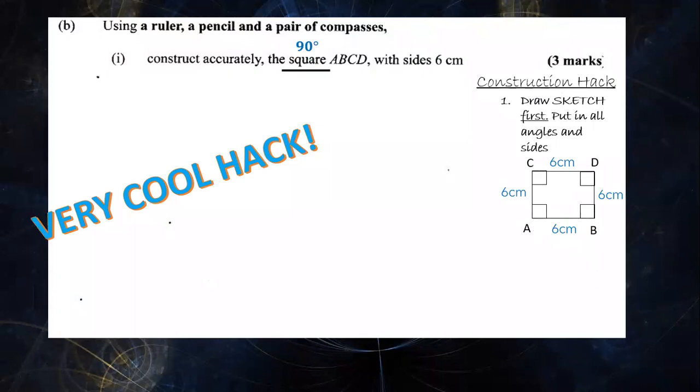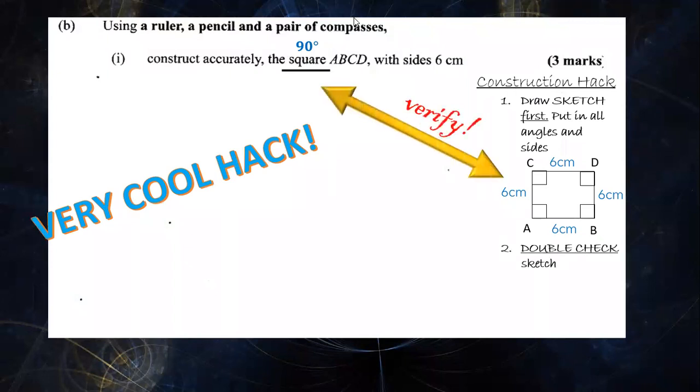And then verify, double check, that everything in the question is exactly as in the sketch. Double check, triple check, quadruple check. Make sure that everything in the question is exactly what you have in your sketch, nothing different.